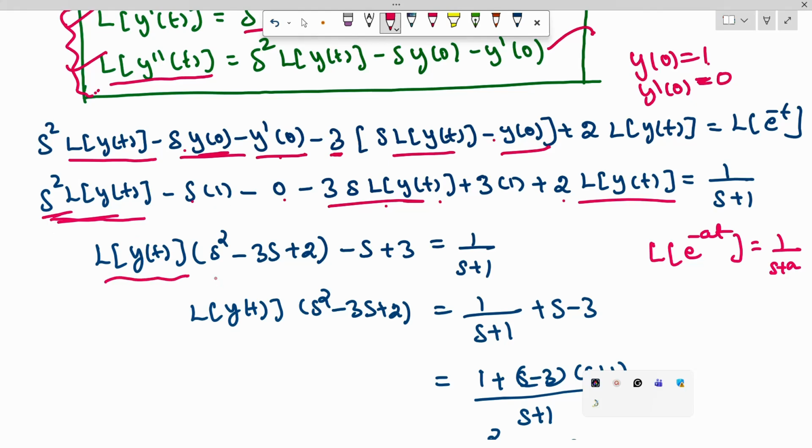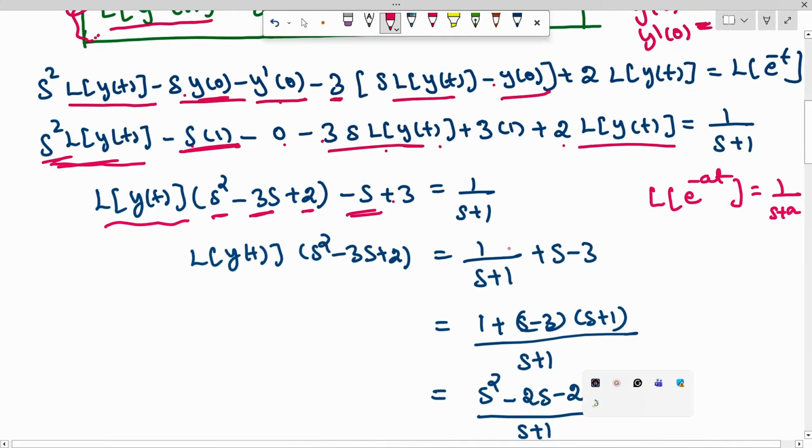Here s square, then minus 3s, plus 2, and then the rest of the terms: minus s, the 0 we can omit, plus 3 into 1, which is 3, equal to 1 by s plus 1. Okay, now we can write L of y of t into s square minus 3s plus 2, and then this minus s plus 3 goes to the right hand side.